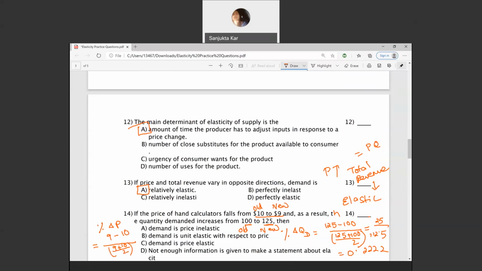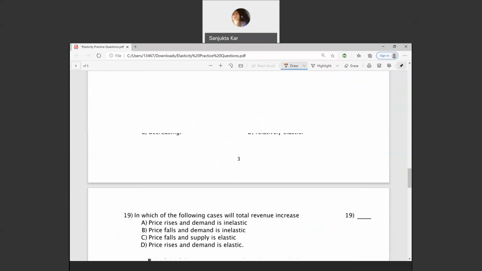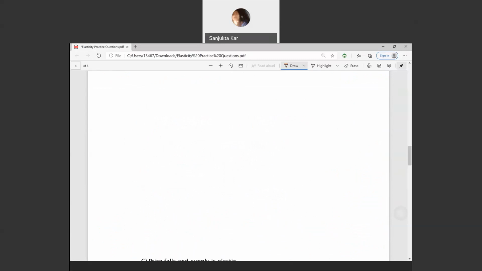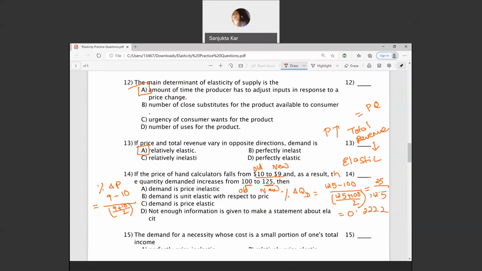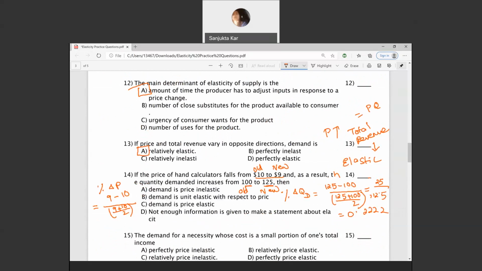So denominator we have 19 over 2. So here we have negative 1 over 9.5. If price falls, quantity demanded increases. So this one is negative 0.105.